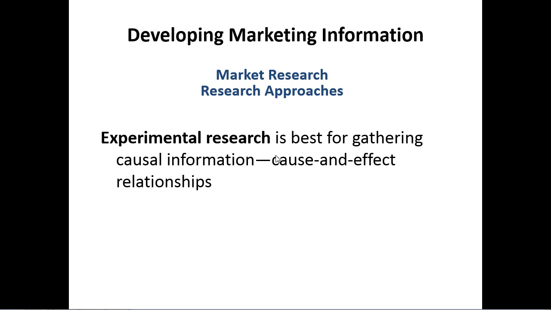Experimental, many of you probably have participated in experiments, maybe as part of your psychology course here at school. But it's really great for trying to understand cause and effect. So for example, you may want to see how people respond to a print ad where you have two different celebrity endorsers in the sample that you have, sample meaning the range.